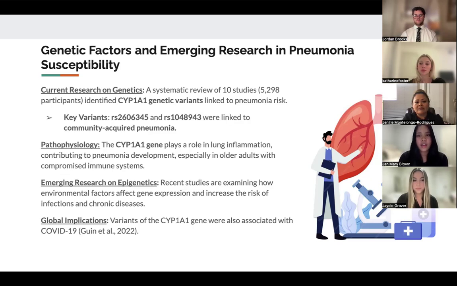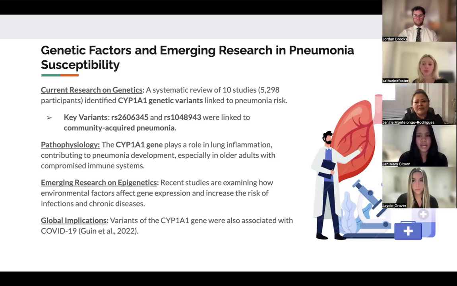The article I found reviewed about 10 studies that involved over 500 participants and revealed that 2 specific variants from this gene are linked to an increased risk of developing community-acquired pneumonia. This gene variant is also associated with COVID-19. The article did mention that the studies reviewed were a little inconsistent, so more research is definitely needed to confirm how our genes may make us more vulnerable to certain infections and diseases.